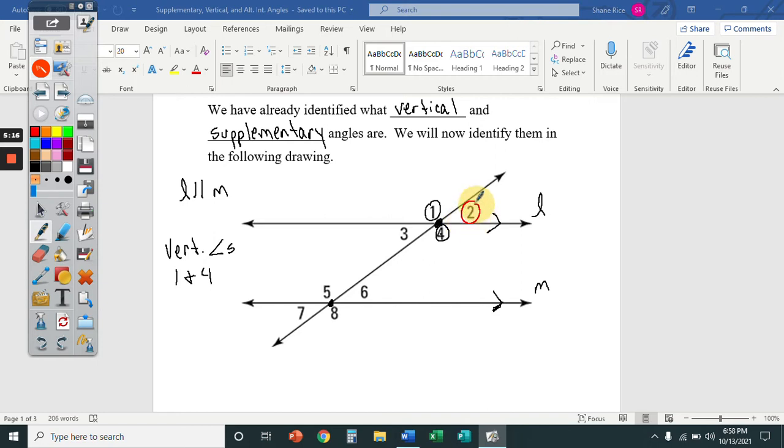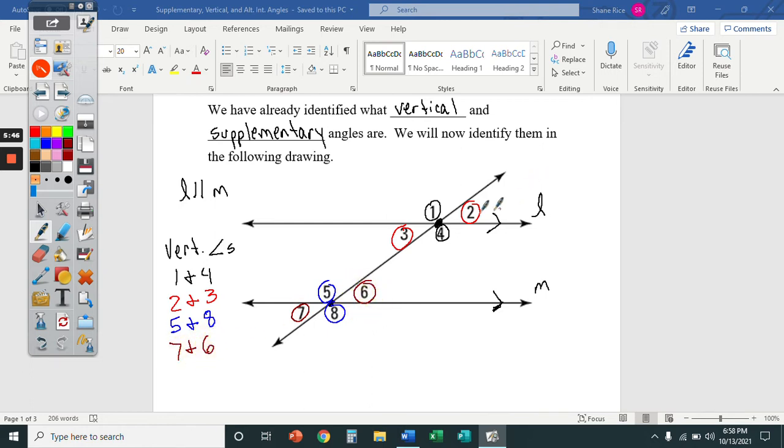I can see that 2 and 3 are across from each other at this vertex, so they are also vertical angles. I told you there were 4 sets. Then I can see that 5 and 8 are vertical angles because they're across from each other at this lower vertex. And then 7 and 6 are vertical angles.